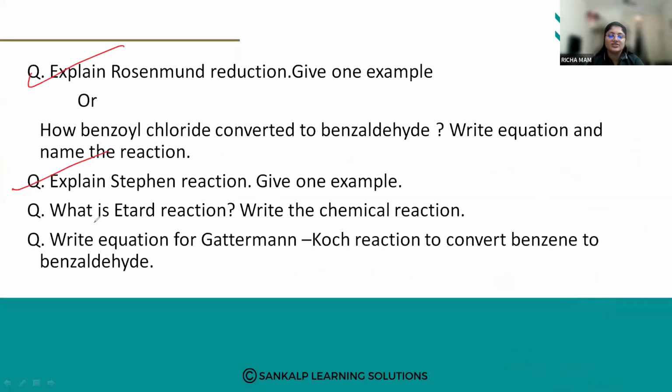Next is Etard reaction. In Etard reaction, what we are doing? We are taking toluene, which means methyl substituted benzene. Toluene is reacted with chromyl chloride in the presence of carbon disulfide.